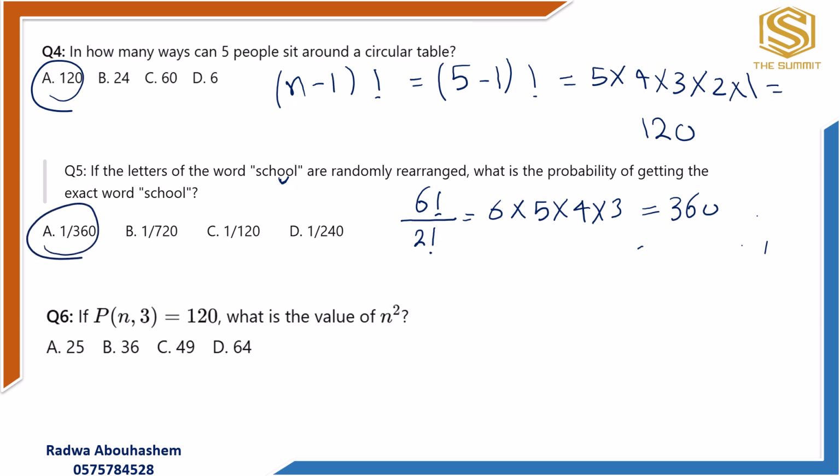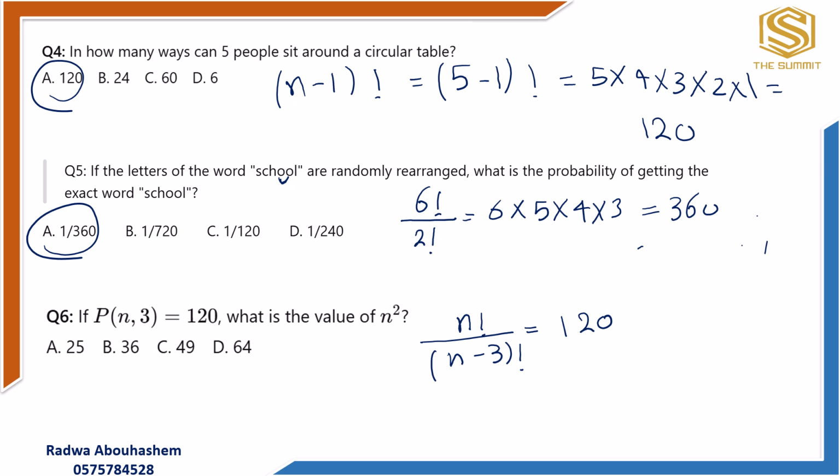Now here, if the permutation of n to 3 equals 120, what is the value of n squared? We apply the rule n factorial over n minus 3 factorial gives me 120. If I try to set up this equation and solve for n, it will take a lot of time. So I'll just try some numbers. It would be a small number, starting from 5 or 6, something like this.